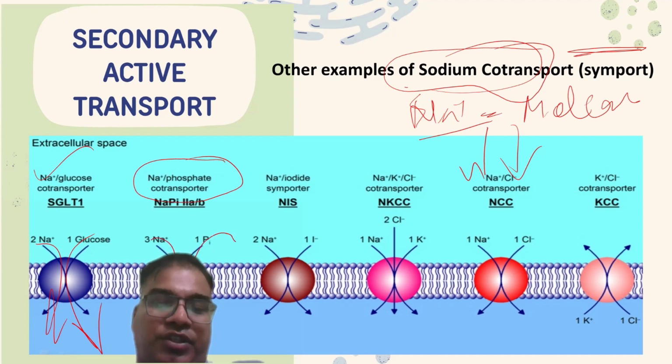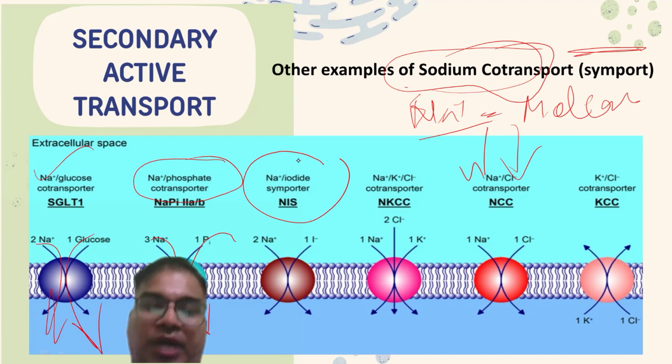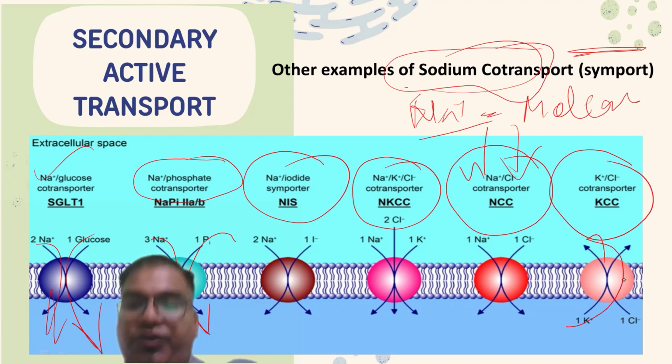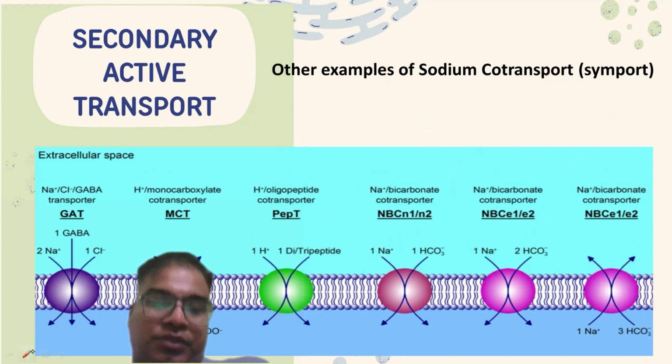Sodium is moving inside the cell with phosphate. Sodium iodide co-transport. Sodium potassium chloride co-transport. Sodium chloride co-transport. Potassium chloride co-transport. They are moving outside the cell, but both the molecules have the same direction. These are some other examples of sodium co-transport.